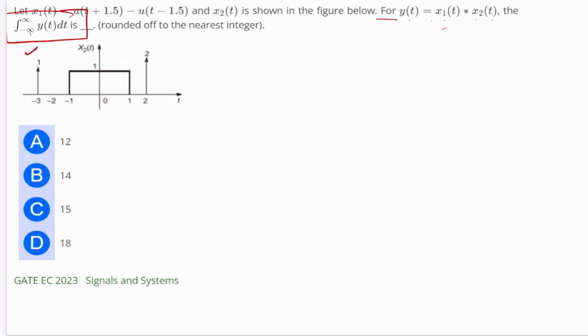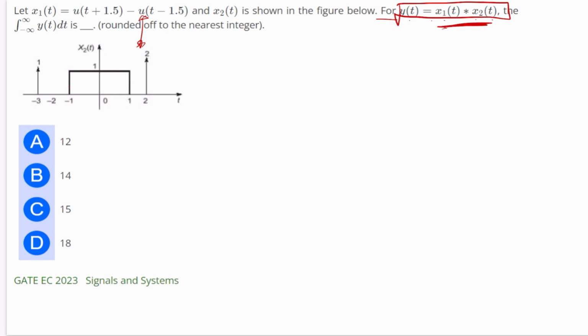So how will you know that you have to solve this type of question by using Fourier transforms? Very easy to understand: whenever you see this function in time domain, what is happening? Convolution. Convolution is a lengthy and time-taking process. Whenever you go through the traditional method of finding the convolution of x1(t) and x2(t), it is going to take a lot of time, right?